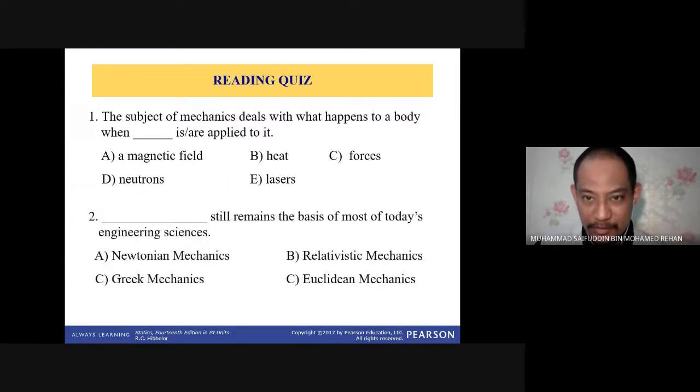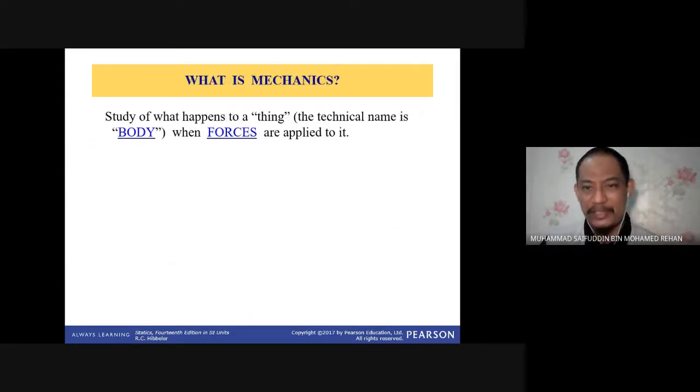Okay, reading quiz, I'll skip this one. So what is mechanics actually? Right, so mechanics is a study of what happens to a thing, the technical name is body, when forces are applied to it. For example, if you have this and we have a force acting on it, what will happen? So this is the body, we have forces, and we analyze what will happen, right? So that's basically it. The idea is quite straightforward and simple.